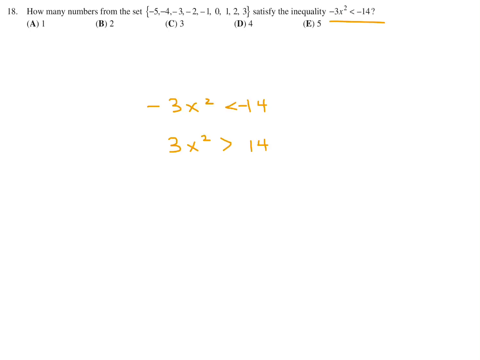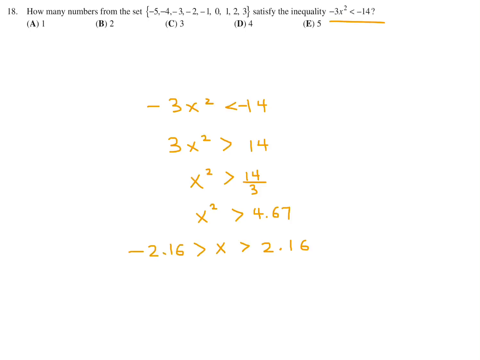That's very important that you recognize that. Then we can divide both sides by 3, and therefore x squared is greater than 4.67. That means x has got to be greater than 2.16 or less than negative 2.16.